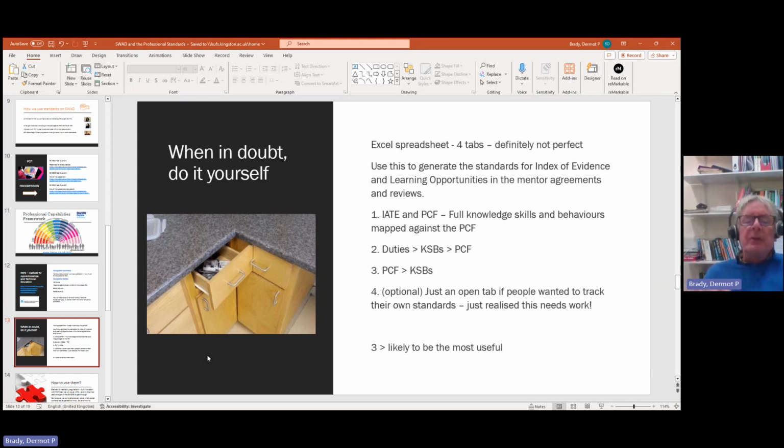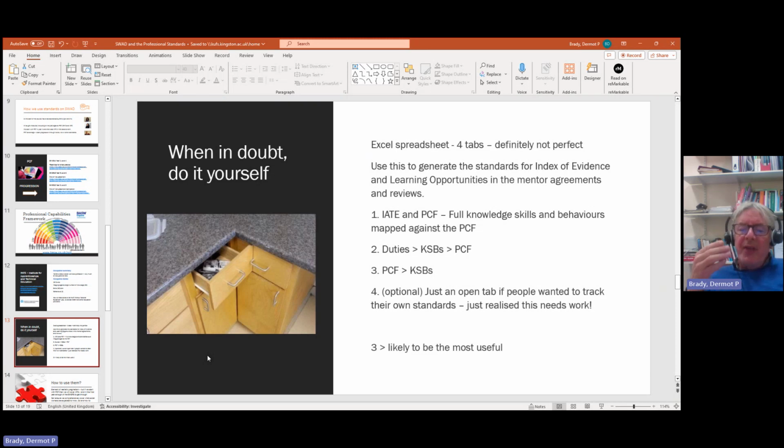So in general, if you start from the PCF, with some learning opportunities or pieces of evidence, the temptation is always to put 1 to 9. Sometimes a piece of work can cover all things. Do you know what I mean? I don't know how good that is for evidence gathering. So what we generally suggest is, when you're mapping the PCF, think: here's the learning opportunity or the piece of evidence, what PCF does it link most strongly to?